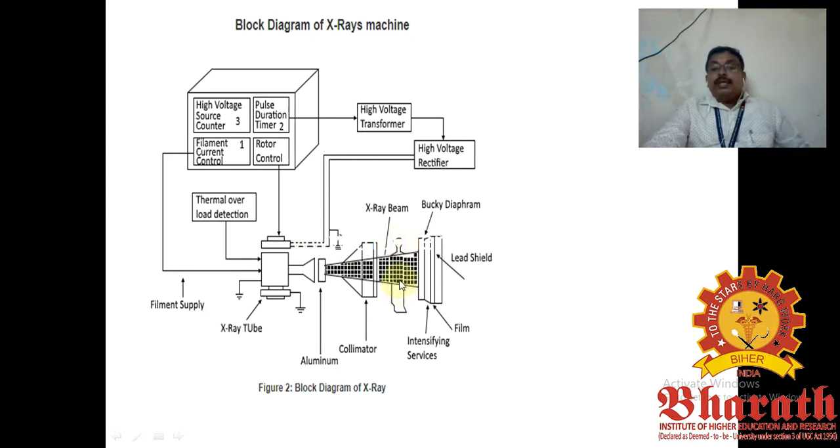Then it is collected through the lead shield, the X-rays are stopped by this lead shield, but in between you will have a film which will capture the X-ray image of our body, through our bone, through our skeletal system, etc. So, you can see the Bucky diaphragm, right, where from here it starts the collection of the X-rays, right. So, this is how the basic block diagram of an X-ray machine will be.